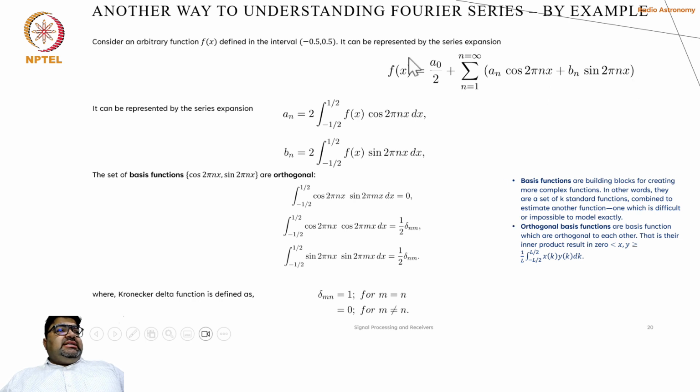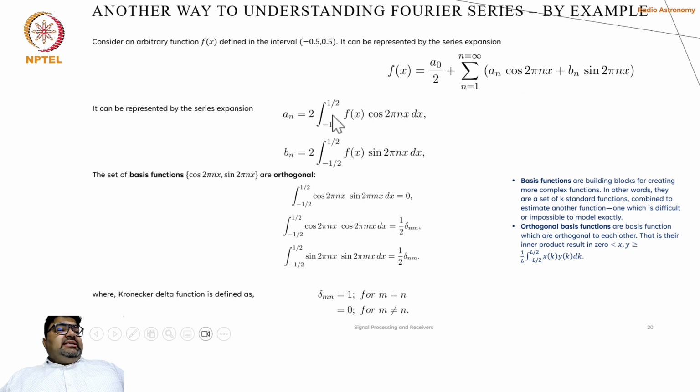Now, just take an example. How do you understand the Fourier series? You can take an arbitrary function f of x, defined within the interval of minus 0.5 to plus 0.5, and it can be represented by the series expansion of a0 by 2 plus the summation over n equal to 1 to infinity of a n cosine of 2 pi n x plus b n sine of 2 pi n x.